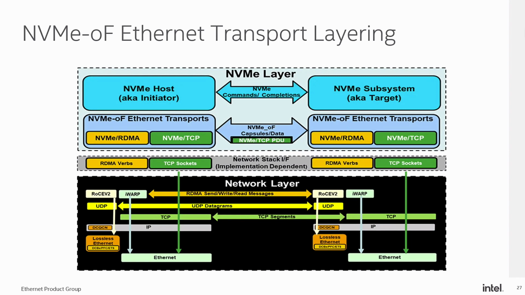So it's primarily looked at as being put over a lossless Ethernet type of deployment, with data center bridging. If you look at iWARP and NVMe TCP, they're both over TCP. So in that case, it doesn't have that same requirement. It uses the TCP congestion algorithms and retransmit algorithms, and such.